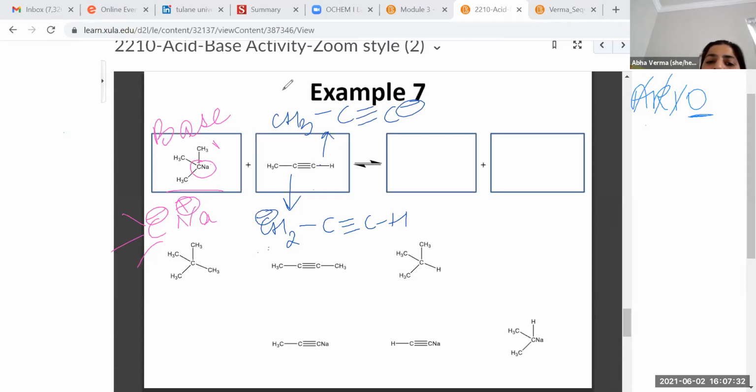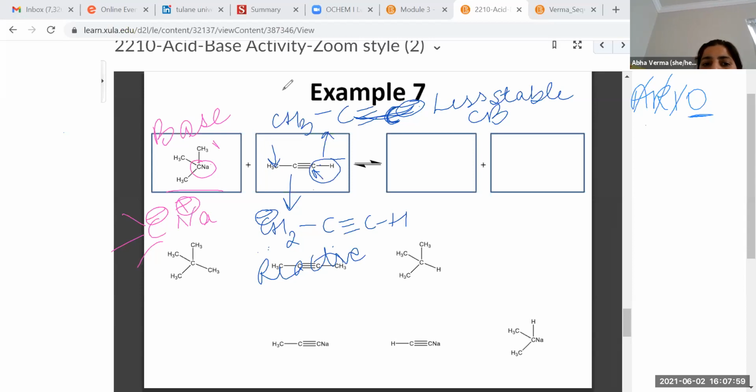This will be a more reactive base. The sp orbital will stabilize your electrons. So this will be my less stable conjugate base. Now tell me, Elizabeth, out of this sp3 or this sp carbon, which one will be the more acidic one?